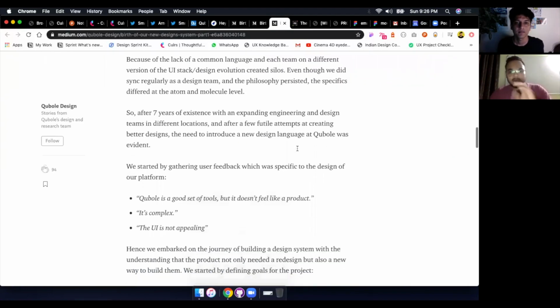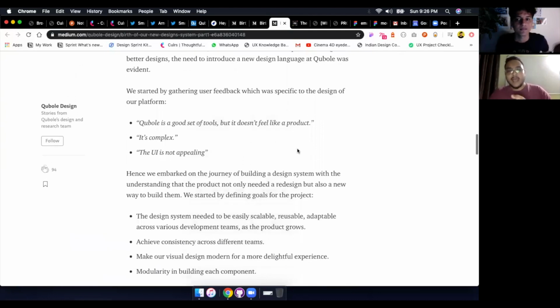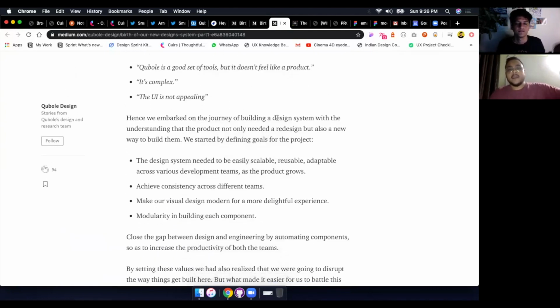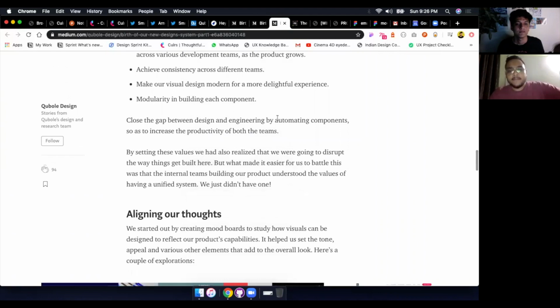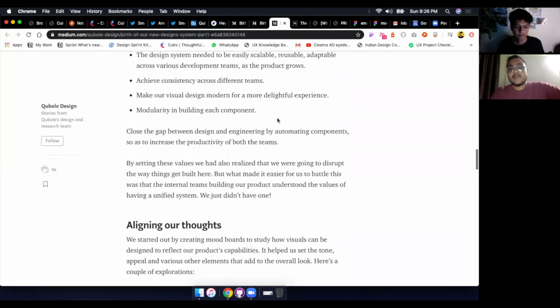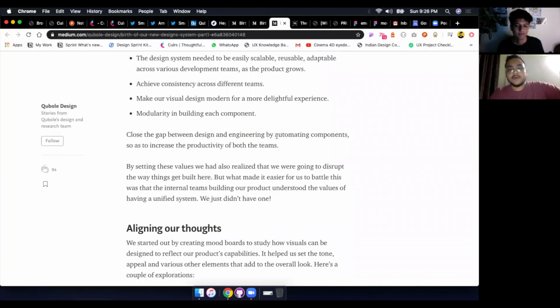This was the whole idea I talked about in the first part, and the process of automating the system for the designers as well as the engineers.